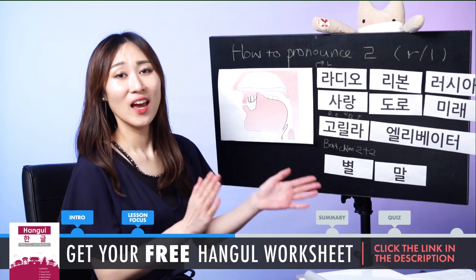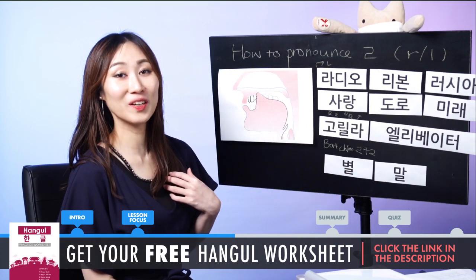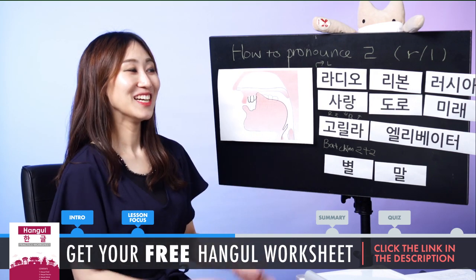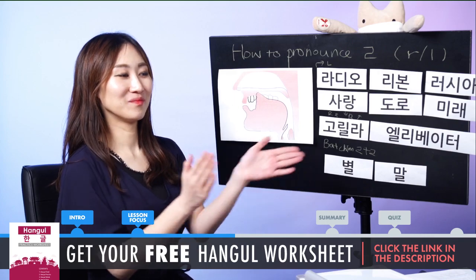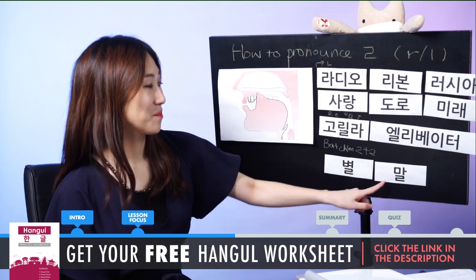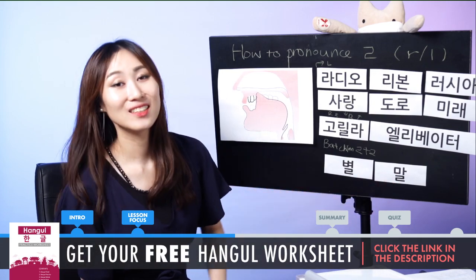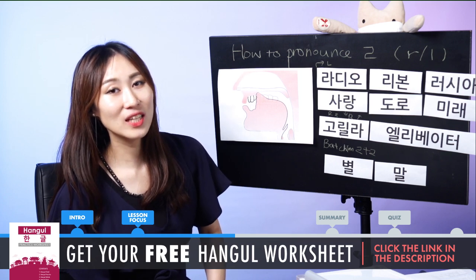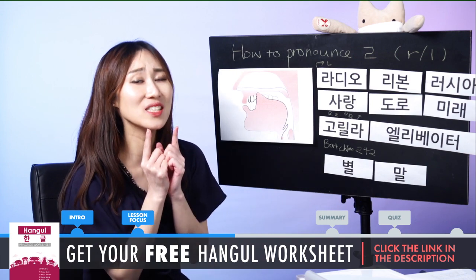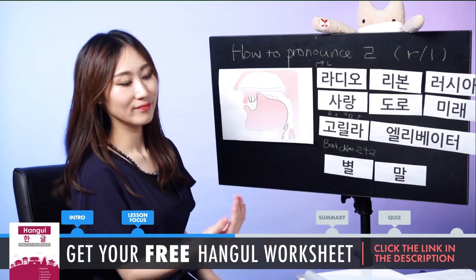It sounds very musical to Koreans, but in the Korean language each syllable has this rhythm. 별, 말. 말 means a word or horse. Again, if it's English L, it will probably be like mal. It's very tense.